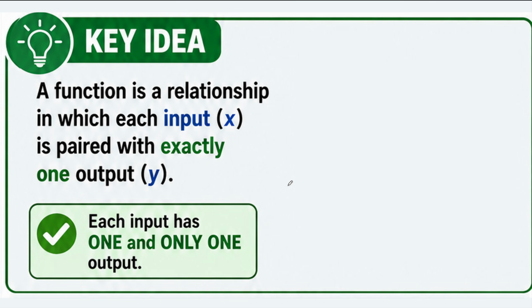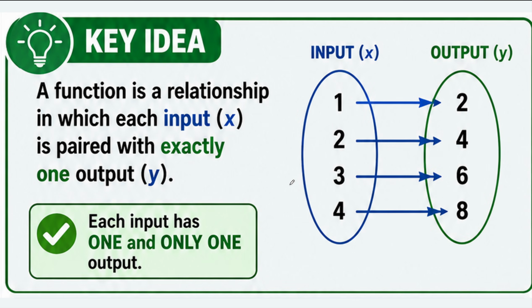Again, the easiest way to understand it, bawat input has one and only one output. Here we have the input and output. This is the mapping diagram. In the input, we have 1, 2, 3, 4, and the output is 2, 4, 6, 8. Wala naman na ulit sa input natin, di ba? That is an example of a function.